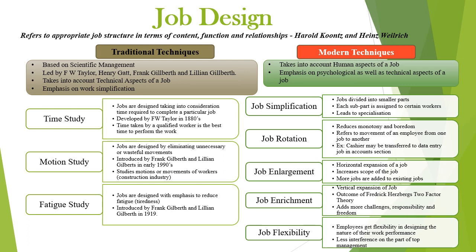Job simplification forms the first component of modern techniques. Jobs are divided into smaller parts so that each subpart could be assigned to a certain worker. That particular worker is given one part of a big job, and that leads to specialization.